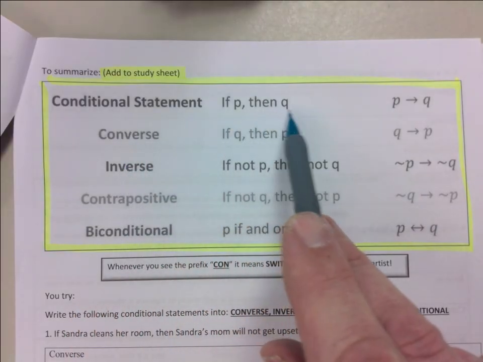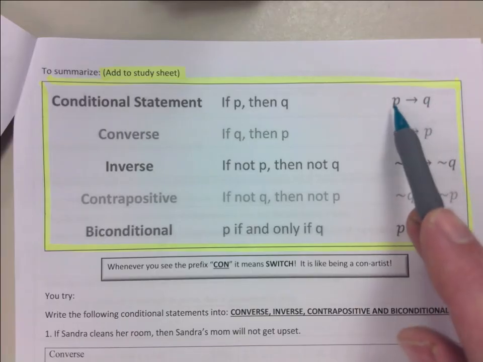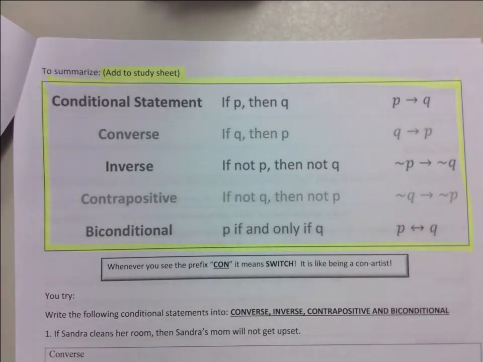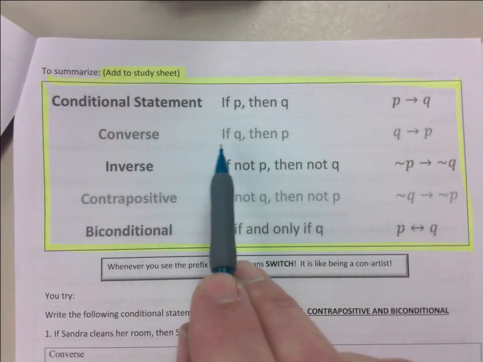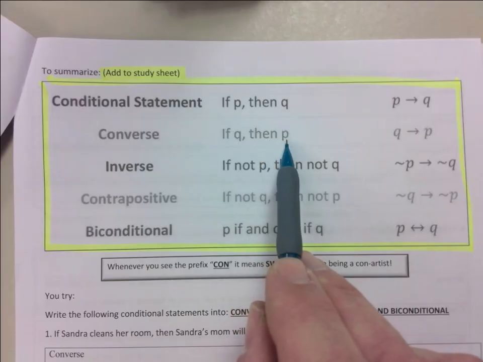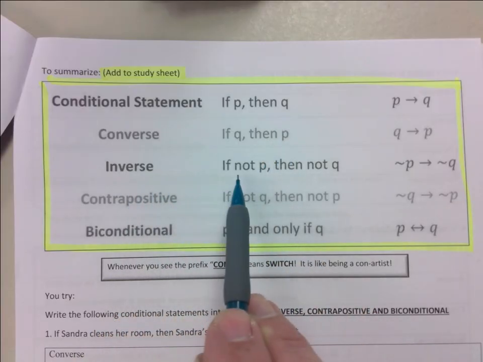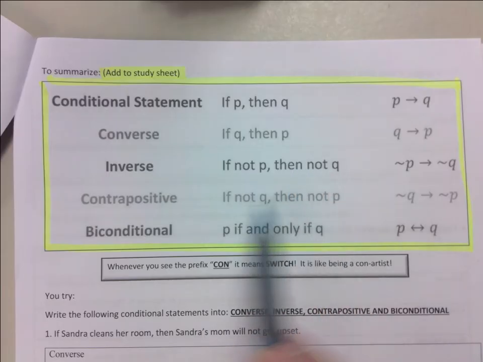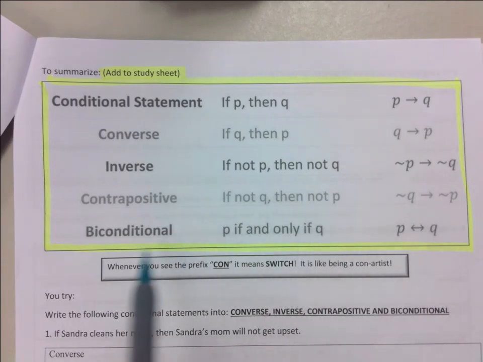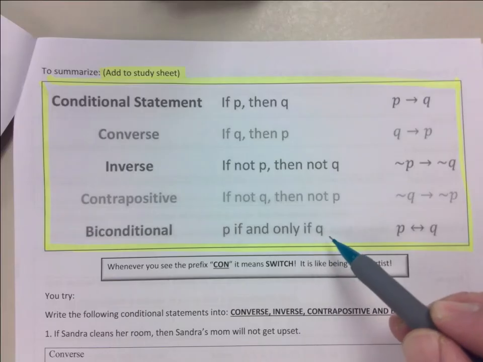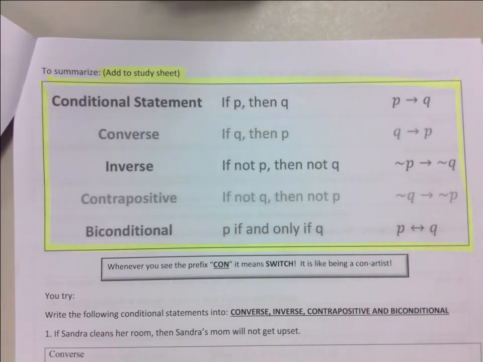But if P then Q, you're supposed to go by that. Okay? Converse is if Q then P. Inverse is if not P, then not Q. Contrapositive, if not Q, then not P. Biconditional, P if and only if Q. Okay, add to study sheet.